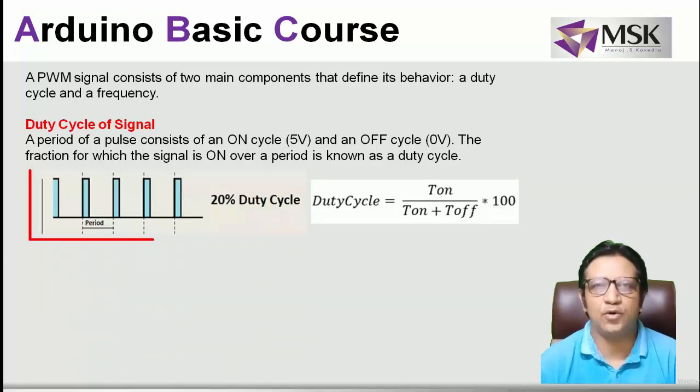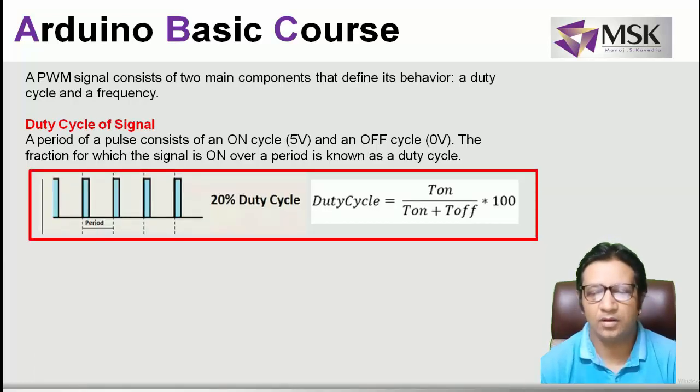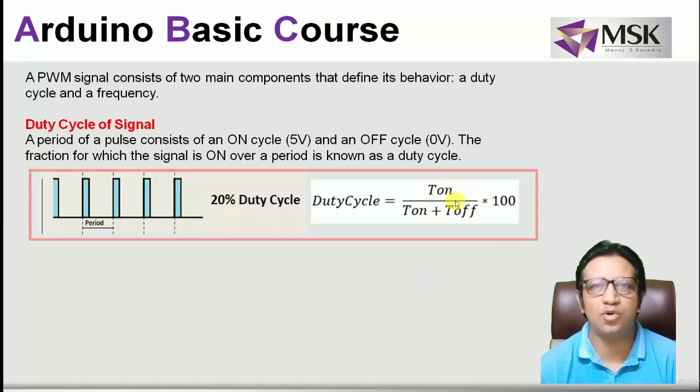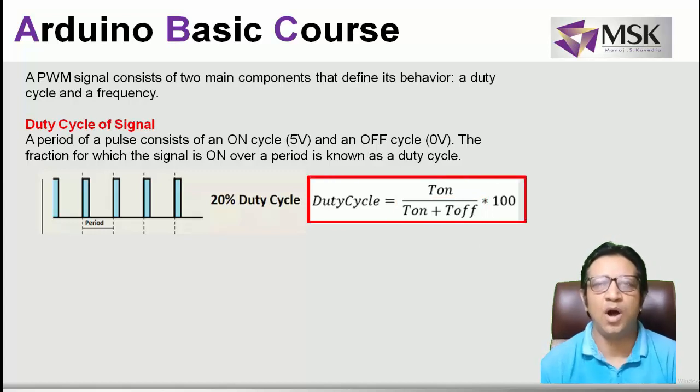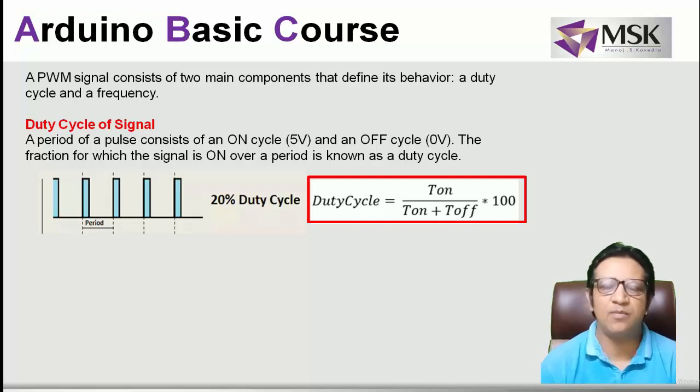So duty cycle means the on time divided by the total time T, the total time being T on plus T off, into 100. If I'm multiplying by 100, then duty cycle will be in percentage. So my percentage duty cycle is T on divided by T on plus T off into 100.